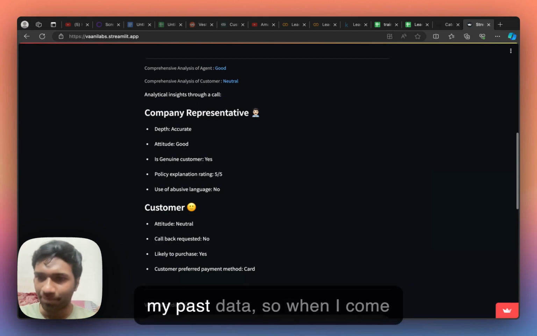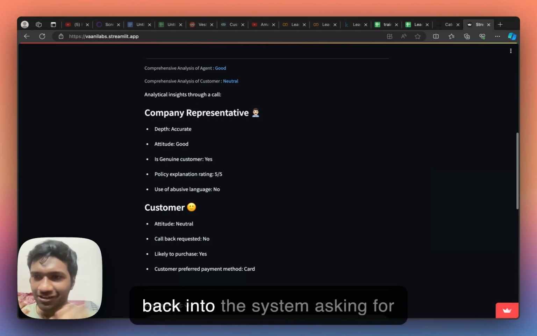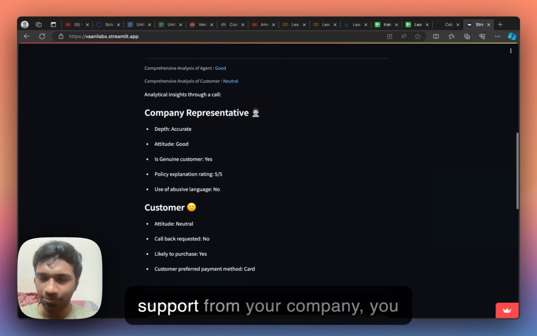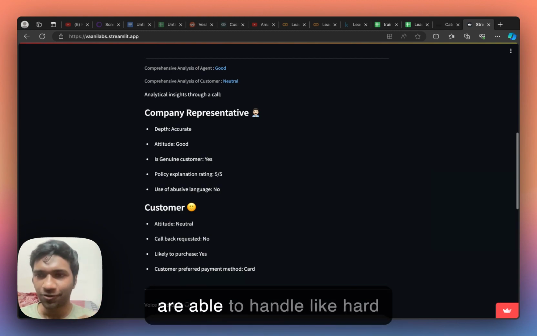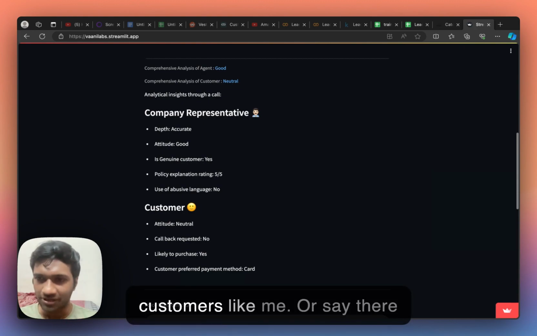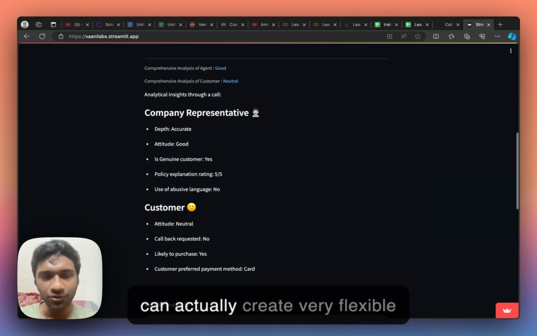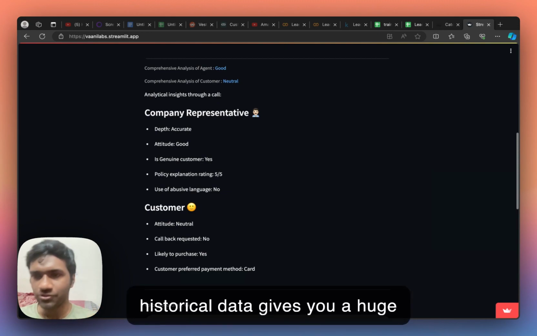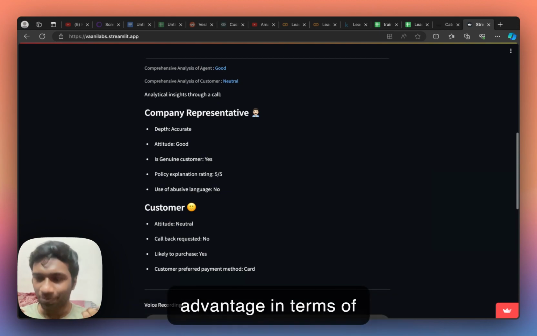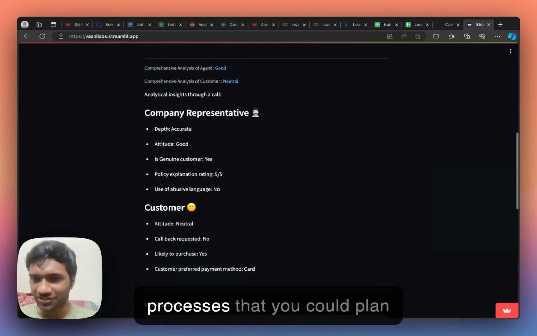If you have my past data, when I come back into the system asking for support from your company, you can ensure you have agents who are able to handle hard customers like me. Or say there is a very good customer, you can create very flexible refund policies for them. So historical data gives you a huge advantage in terms of operational efficiency or processes that you could plan out.